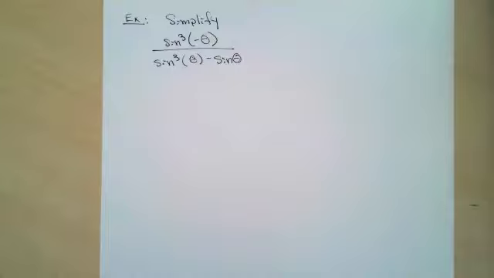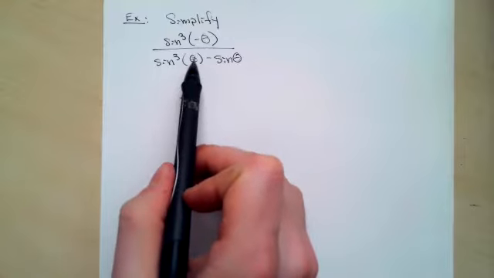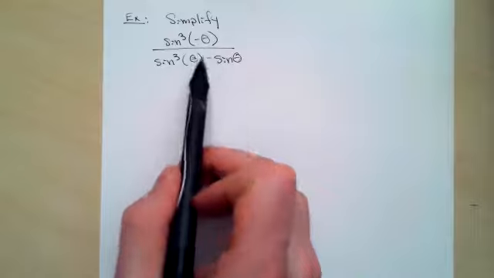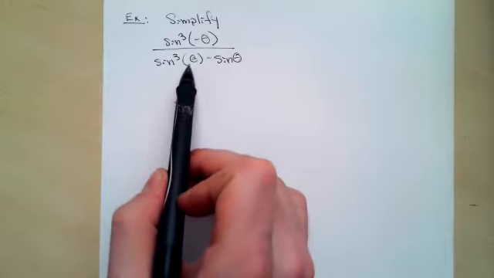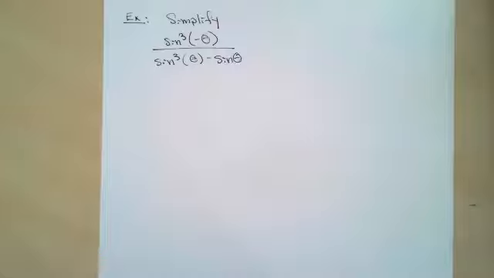So what do we want to look for? First thing you want to look for is, are all the arguments the same? And in this case, they're not. One of the arguments is minus theta, whereas the other ones are just theta. So always try to convert all of your arguments to just theta when you want to simplify it.